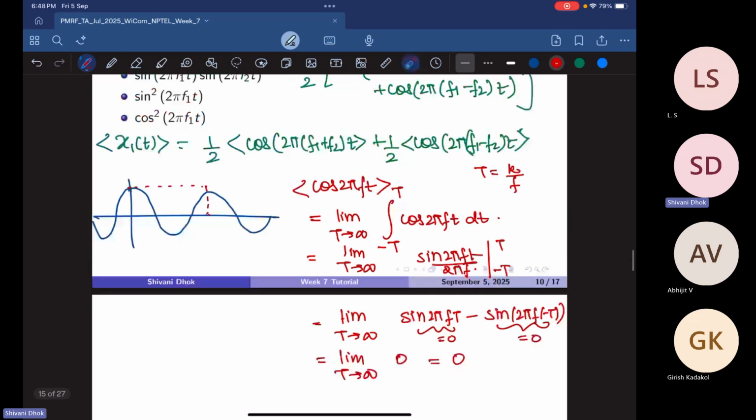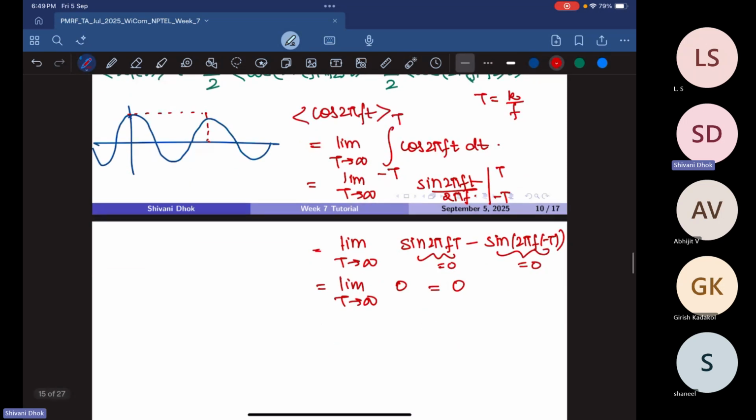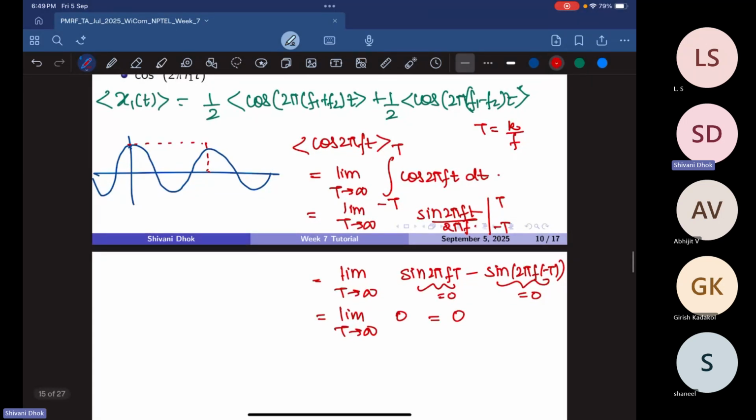So basically what is happening is, if you move along one period or one cycle of your sinusoid and integrate it, it comes out to be 0. You're averaging over an entire range of time, and you're basically just keeping on adding zeros multiple times. Therefore the time average of a sinusoid from minus infinity to infinity comes out to be 0 for any phase.